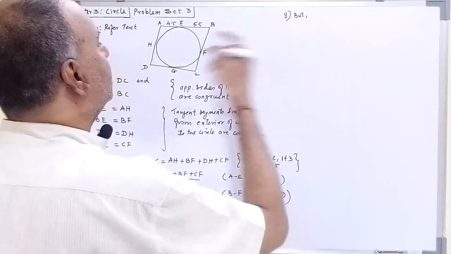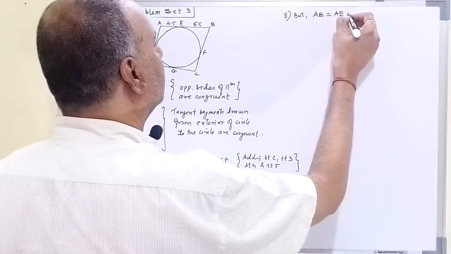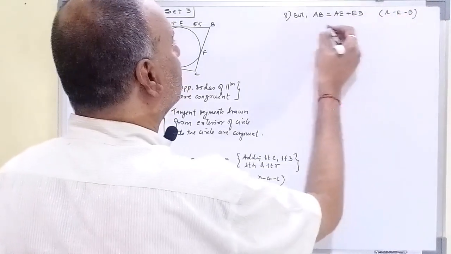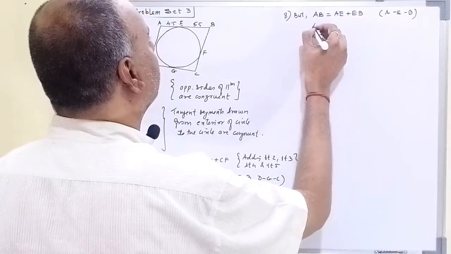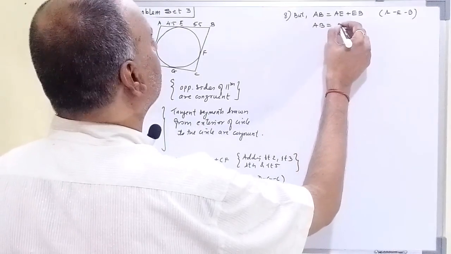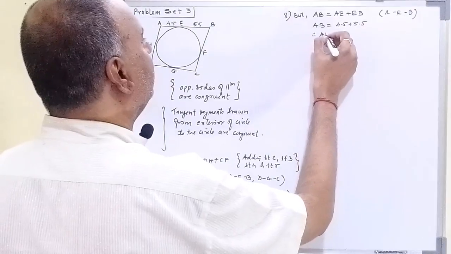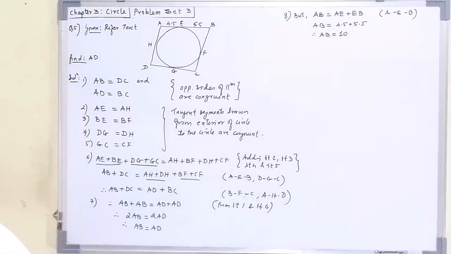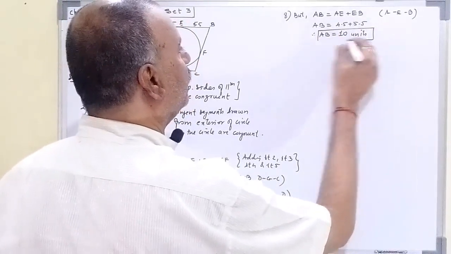But what is AB? AB is AE plus EB. Therefore AB की वैल्यू कितनी है, फाइंड करना है. AB is 4.5 plus 5.5. So AB is 10 centimeters या units. सेंटीमीटर दिया गया है? कुछ नहीं दिया है तो units.